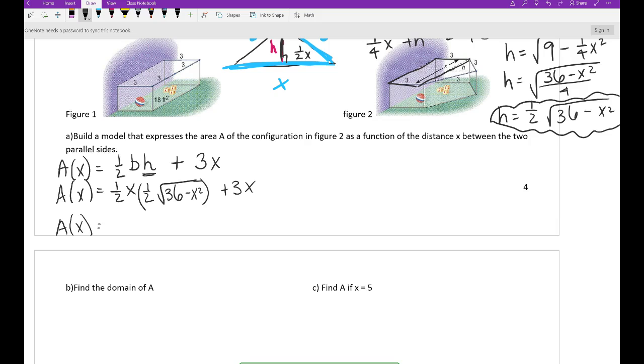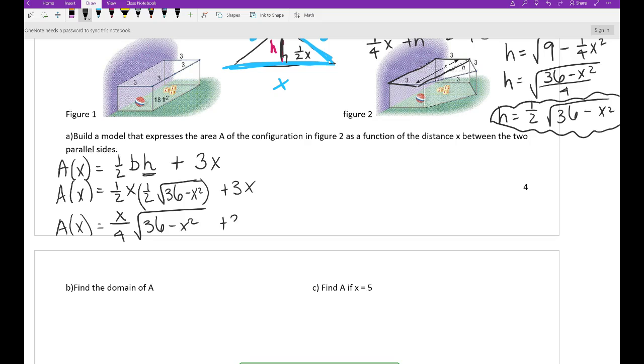A of x equals 1/4 x. Can I do that? Can I make it 1/4 x? Yes, I can. Can I put x over 4? Sure, whatever floats your boat.